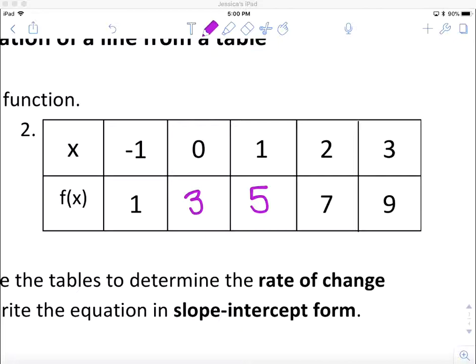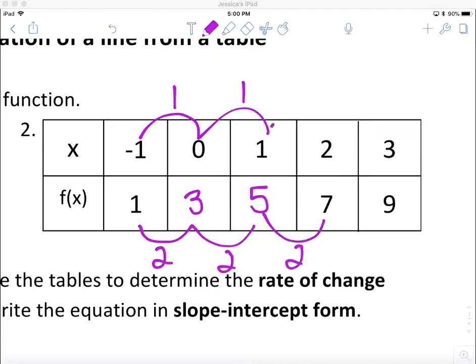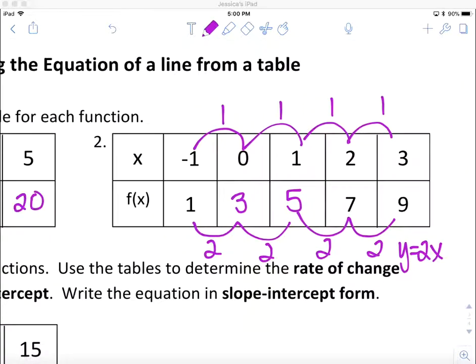Your slope is y over x, so I'm going up 2 over 1. I am rising 2, I am running 1. My slope here is 2 over 1, which I can just write as 2. Your y-intercept, we already know, happens when x is 0. So my y-intercept on this table, I can see because it's given to me right here. My y-intercept is 3.